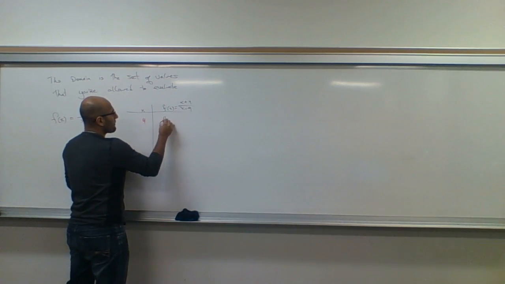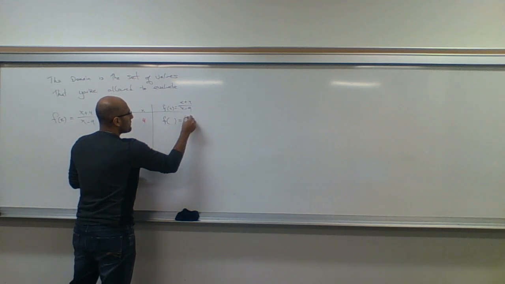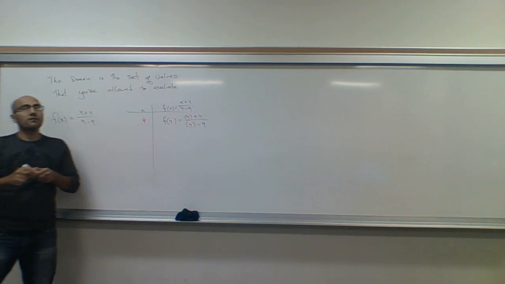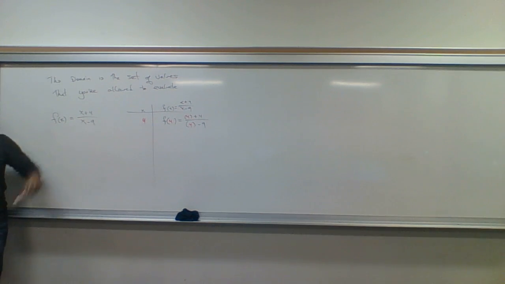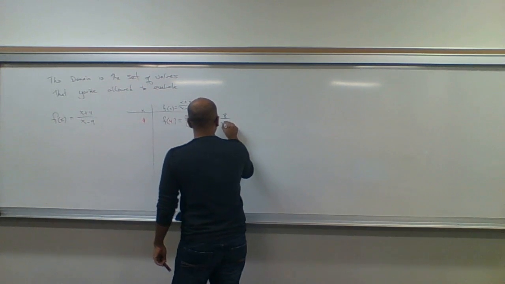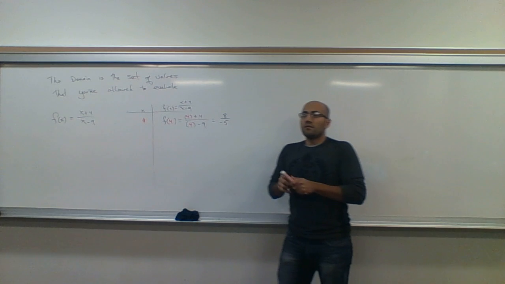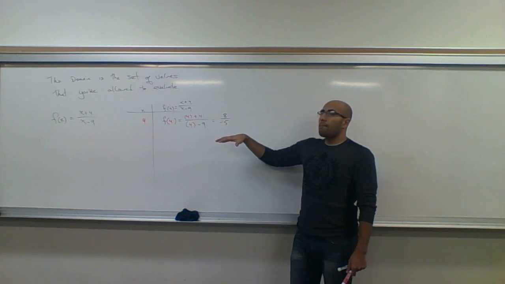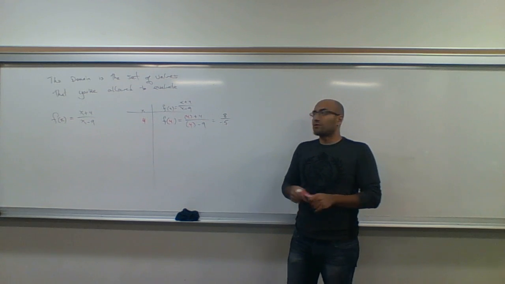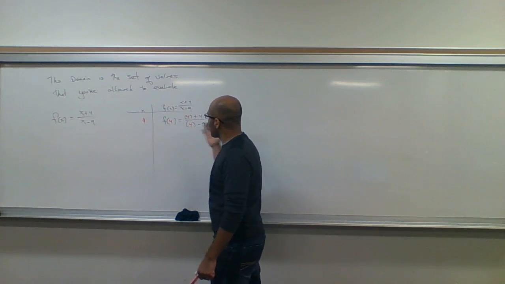Then f of 4 equals 4 plus 4 over 4 minus 9, so this will simplify to 8 over negative 5. My point in this is that it's a valid answer. There were no weird things that happened, so everything is fine.